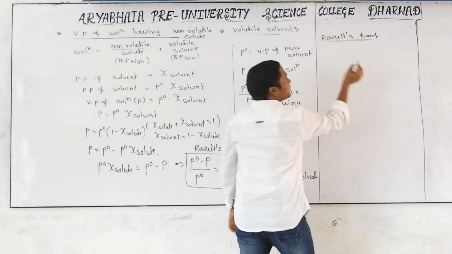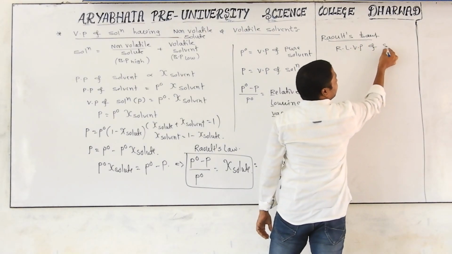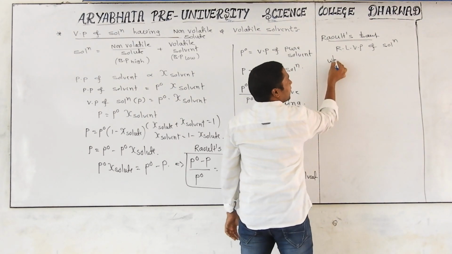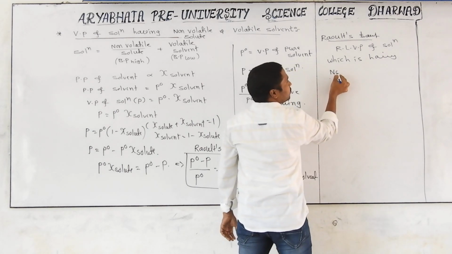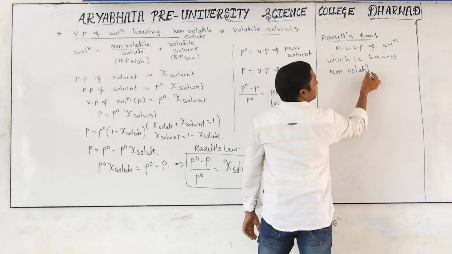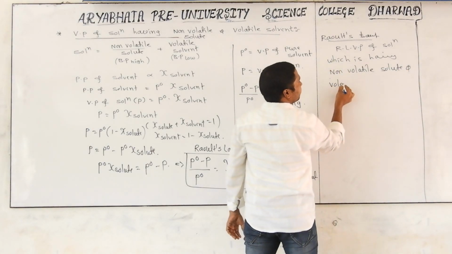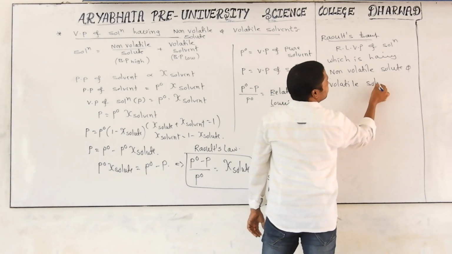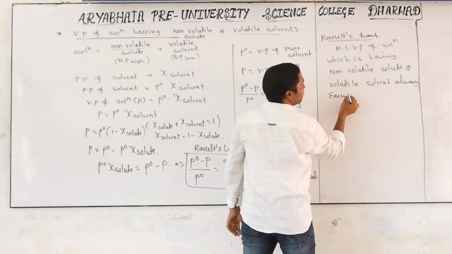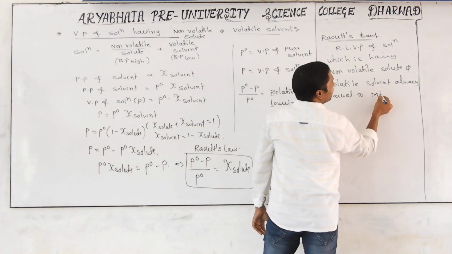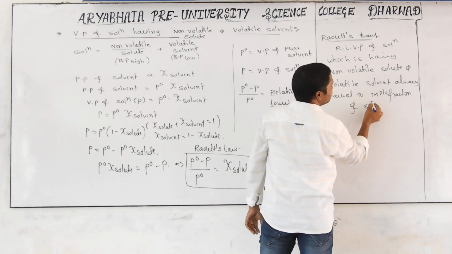Raoult's law means: in a solution which has a non-volatile solute and a volatile solvent, the relative lowering of vapor pressure of the solution is always equal to the mole fraction of the solute particle.